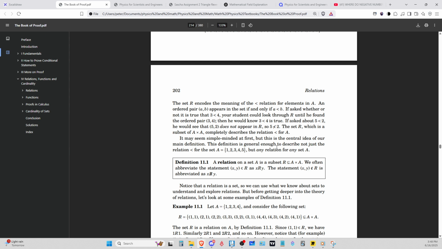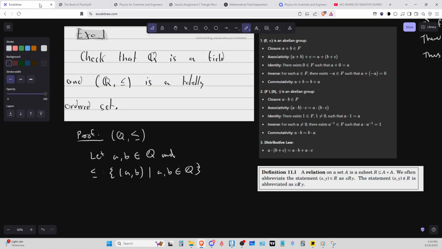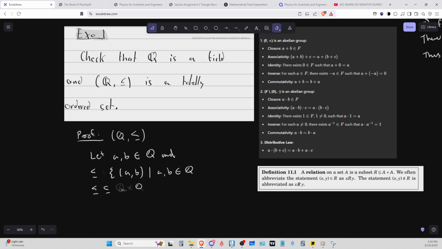This definition is general enough to describe not just the relation of set A... so the subset... maybe I should have included that.